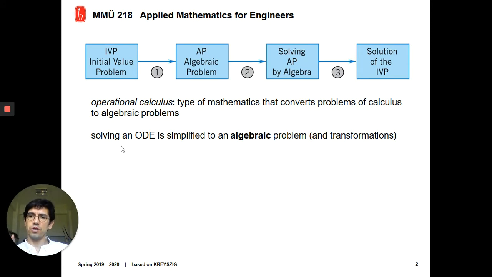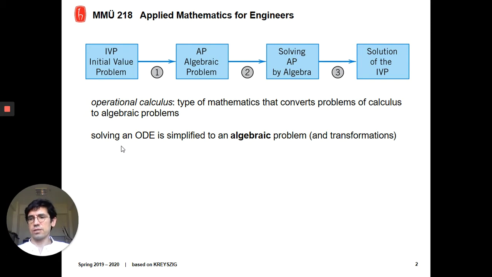In the differential equations course, you had seen some techniques to solve ODEs, and Laplace transform is yet another method to solve those ODEs, but in a very specific algebraic way.